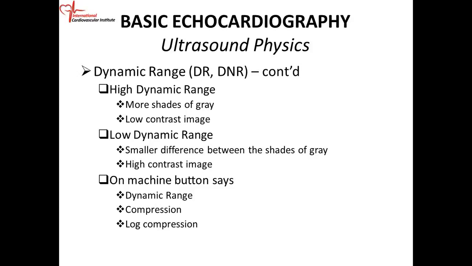So, as I said, when you do your echo, the machine is going to have a bunch of stuff on the side of the machine, and you need to know what these symbols stand for and what they mean. One of the symbols you're going to see is either DR or DNR.